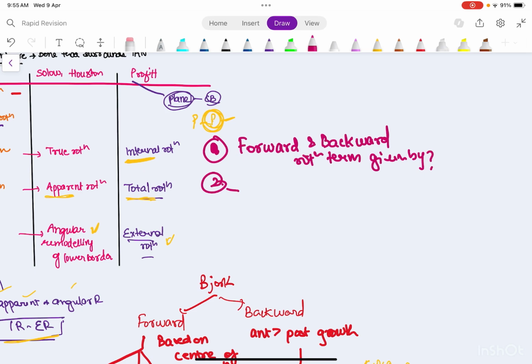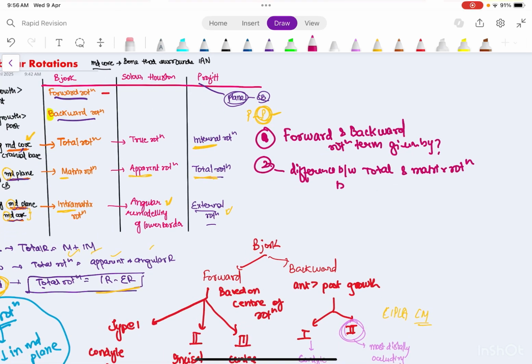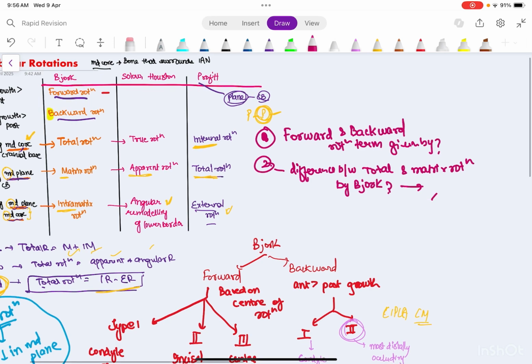And second question is, the difference between total and matrix rotation by Bjork is what, and it represents which rotation in Solo and Houston's terminologies.